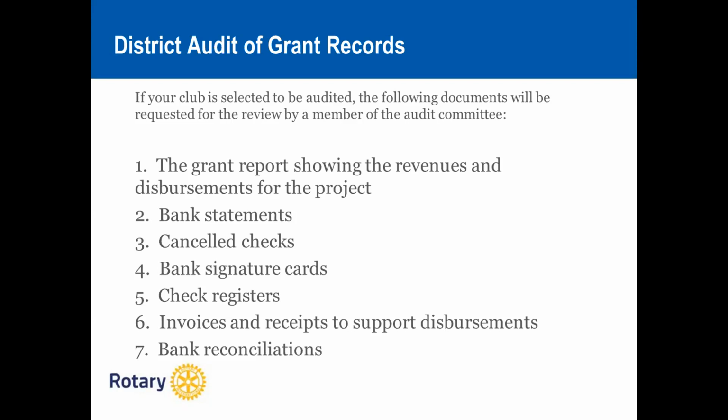And this is mostly for your district grants. So you have to have the grant report, which shows the revenues and disbursements for the project, bank statements, canceled checks, bank signature cards, check registers, invoices and receipts to support disbursements, and bank reconciliations.